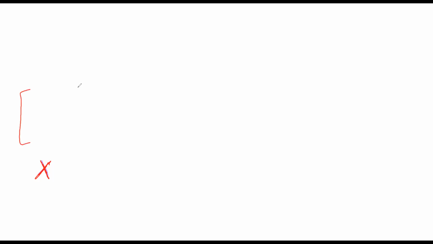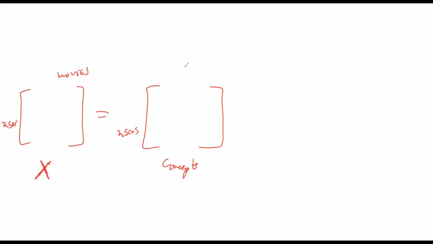So we'll be done in a few minutes, guys. So this would be users to movies, right? And then this would give us something like users to concepts. And this is going to be the U matrix.